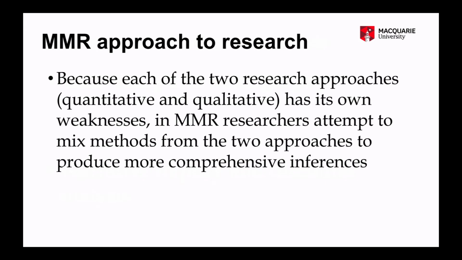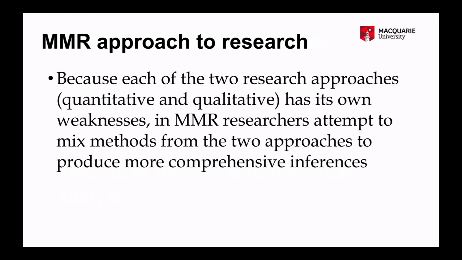The third approach to research is called mixed method research, or as abbreviated MMR. Because each of the two research approaches, quantitative and qualitative, have their own strengths but also their own weaknesses.